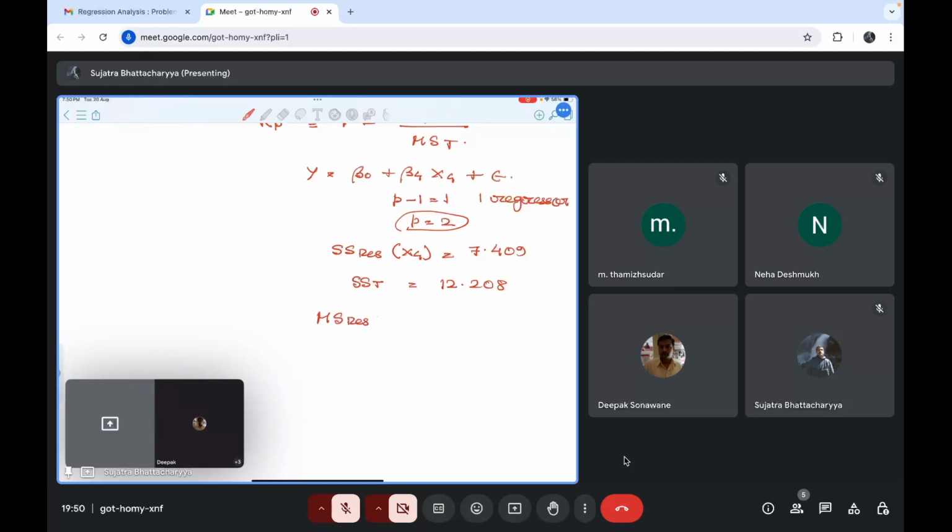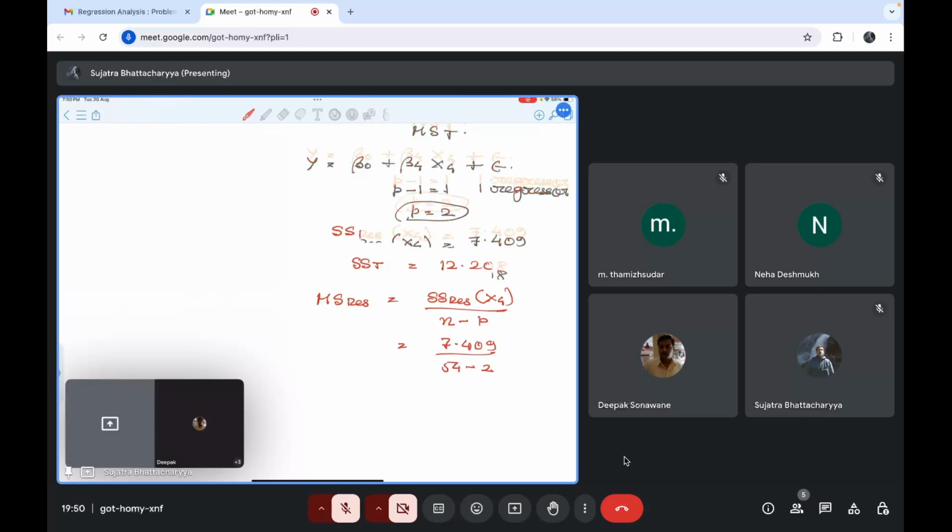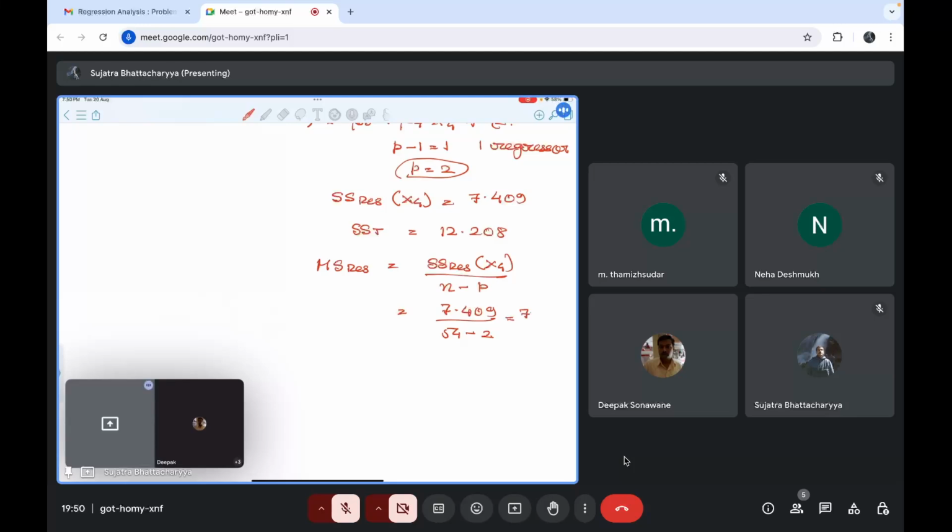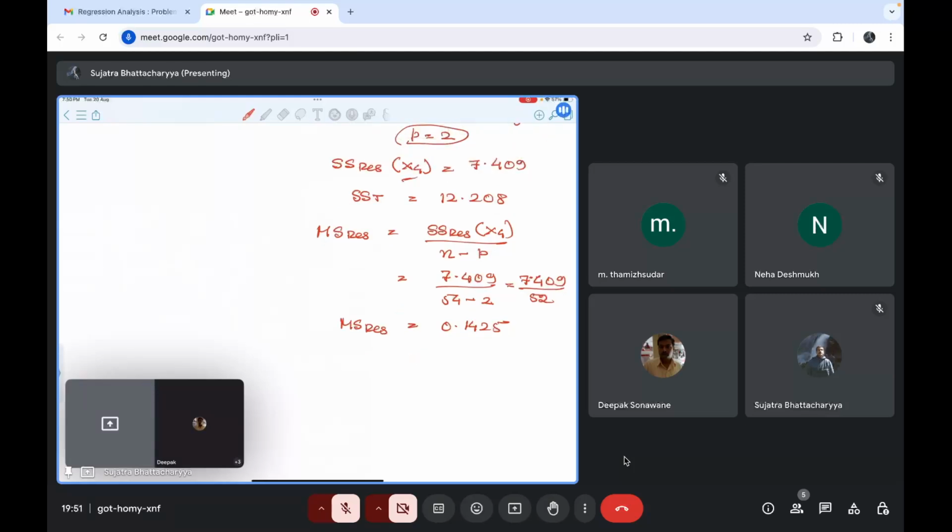MS residual. So it is SS residual for X4 divided by N minus P. So it is 7.409. N is 54, minus 2. Right? So 7.409 divided by 52 comes out to be 0.1425. This is MS residual for X4. What about MST?